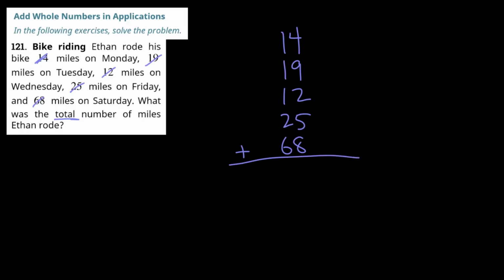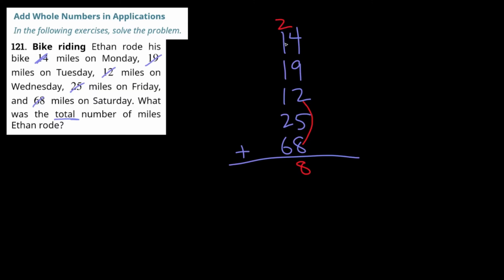We want to find the total number of miles that he rode, so we're going to start by adding these together. So I'm going to use the commutative property of addition, and I'm going to add 8 and 2 first, because that makes an easy 10. So we have 10 plus 5 is 15, plus 9 is 24, plus 4 is 28.